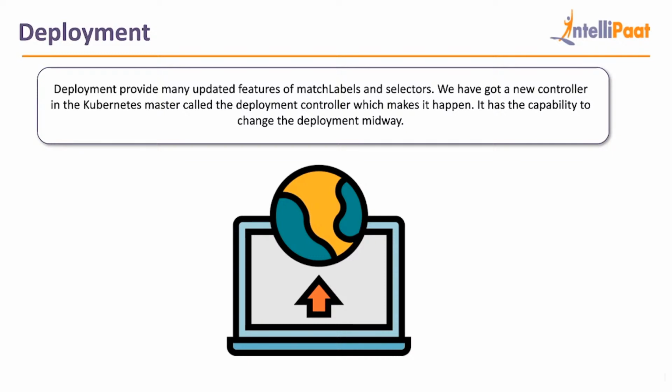It will take down 1 pod at a time and make sure it is replaced with a newer one, and this way whatever requests are coming, there is no downtime whatsoever, even if you are pushing an update, right? Some will be pointing to the older ones till they are replaced with the newer ones, and as soon as the newer ones are ready, all of them start pointing to the newer ones, and you have an update inside of seconds, right? So that is what the deployment helps you with.